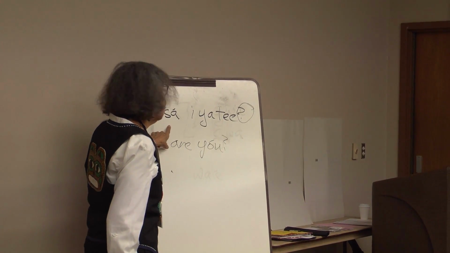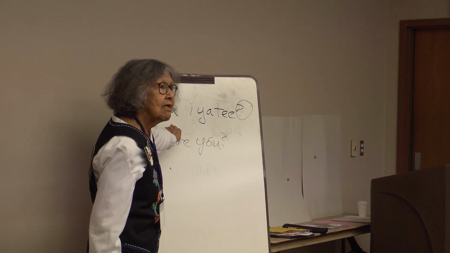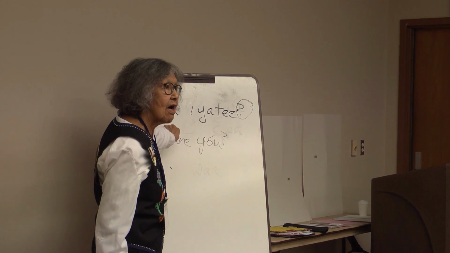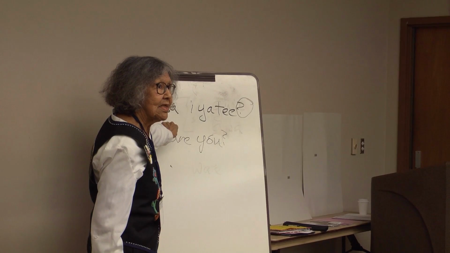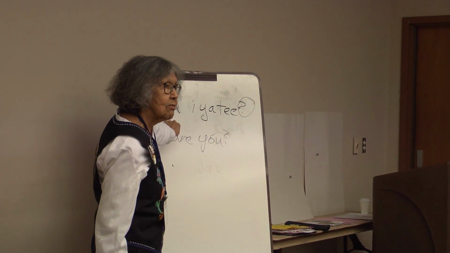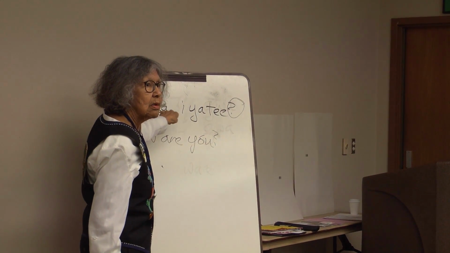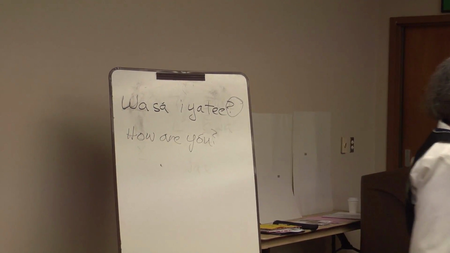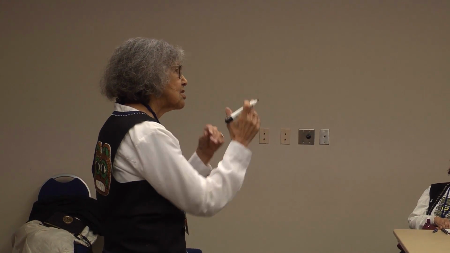In the Tlingit language, in most cases, the tone mark will appear on the second word. Wasa. E-A-T. Wasa. E-A-T. Read this. So the application of the English language kind of crosses over.